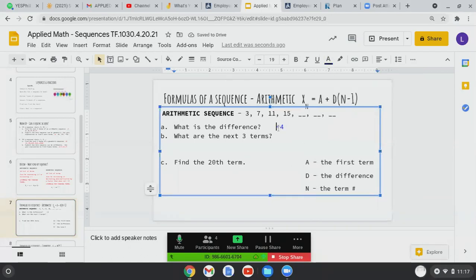The next terms are, you said, 19, 23, and 27. What's the 20th term? Did anybody put the pieces in? All right, so let us go back here.